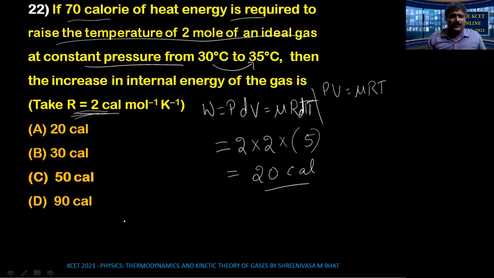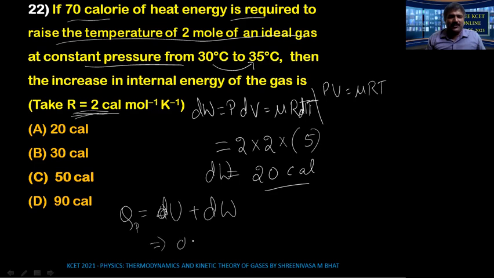Now using the first law of thermodynamics, heat supplied at constant pressure, I write Qp equals the increase in internal energy plus work done, dU plus dW. I take dW, work done, symbolically. We are asked to find dU, the change in internal energy. So dU equals Q, heat supplied, minus dW.